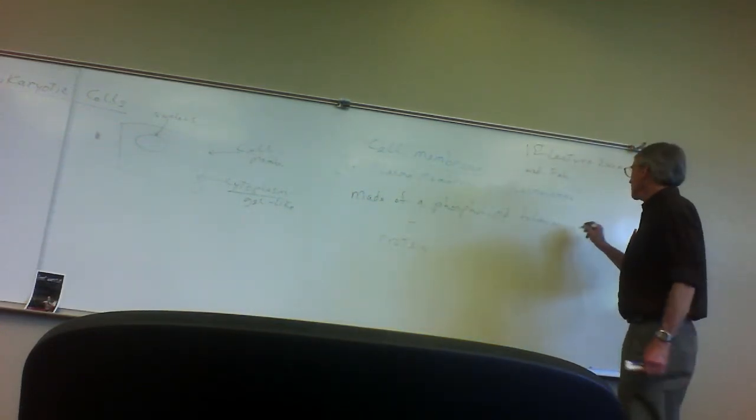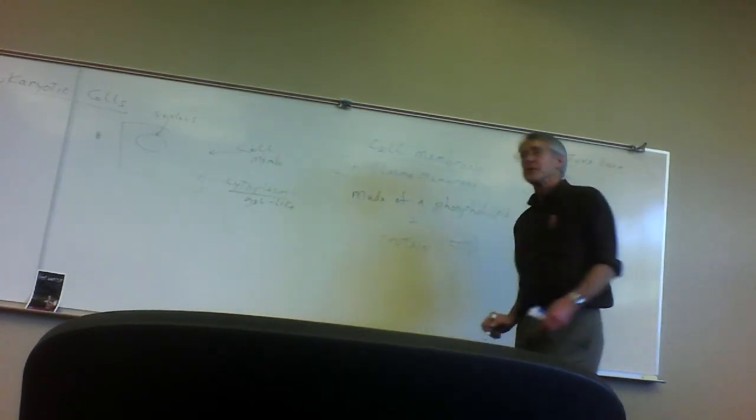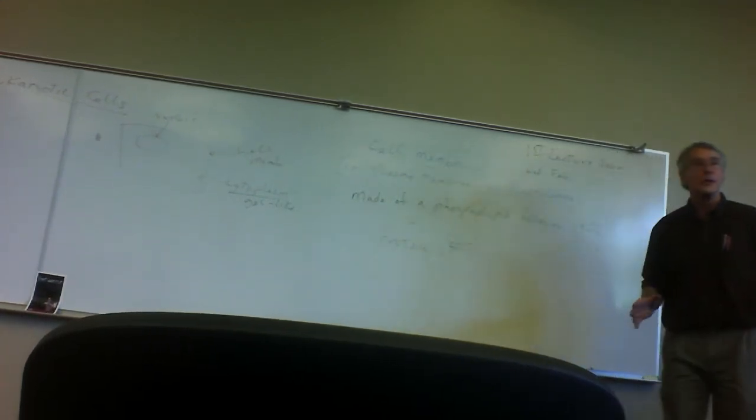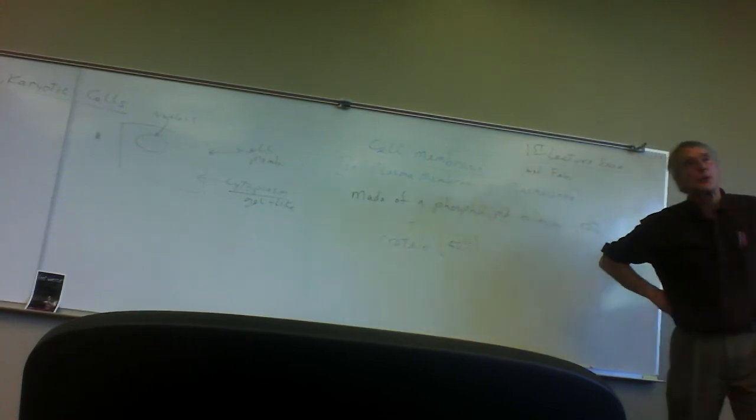Half and half. 50% phospholipid bilayer, 50% protein. I mean, it's not like it's a magic number 50%, but roughly half and half. The point is that if you read in a textbook, they'll emphasize the phospholipids and mention the proteins. And I want you to realize that the proteins are absolutely critical for the way the membrane works.